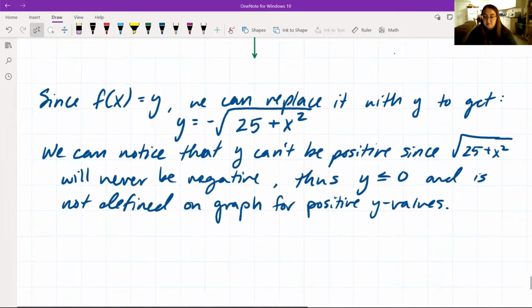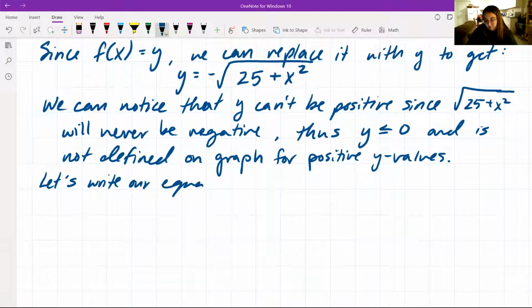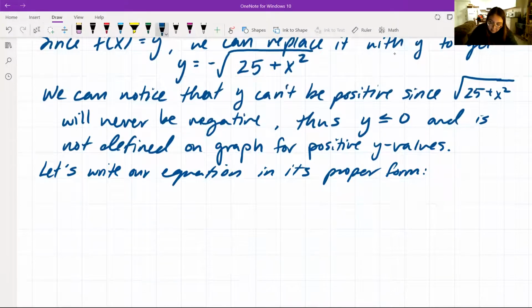So we've determined that this graph is not going to be defined for positive y values. It's only going to be defined for negative y values, but let's go ahead and rewrite this in its proper form. So we have that y is equal to negative square root of 25 plus x squared.